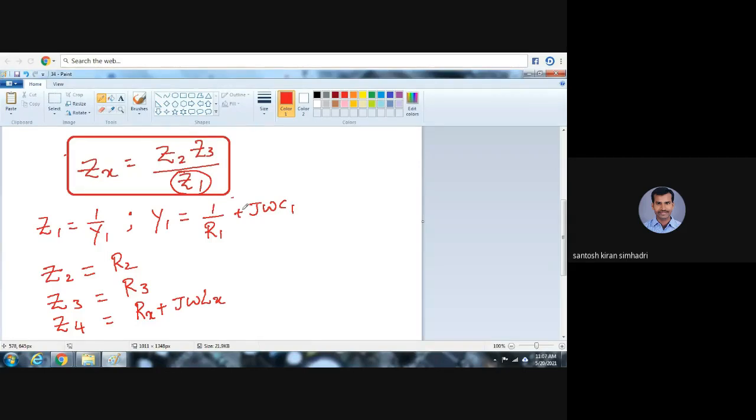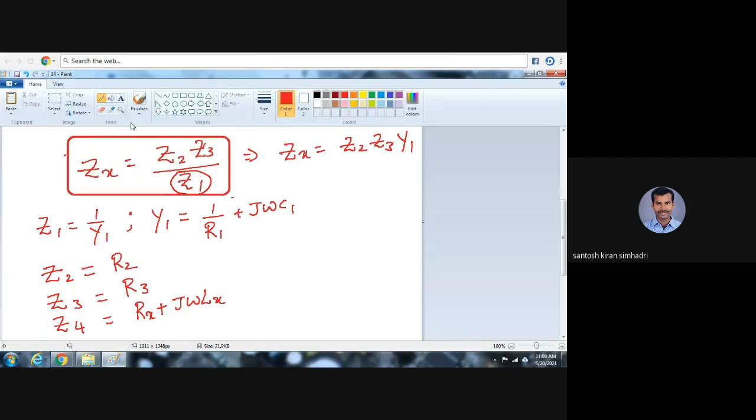Now I will substitute one by one. Can I interchange this expression? Shall I write like this? Zx equal to Z2 into Z3 into 1 by Z1. Here 1 by Z1 we can simply write as Y1, since 1 by Z1 equal to Y1.